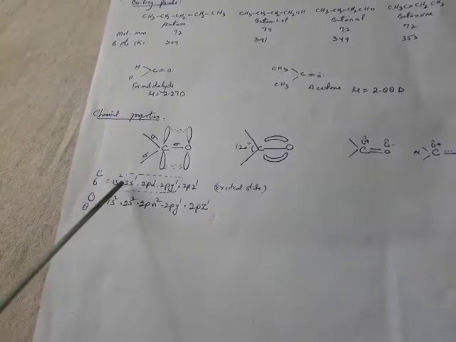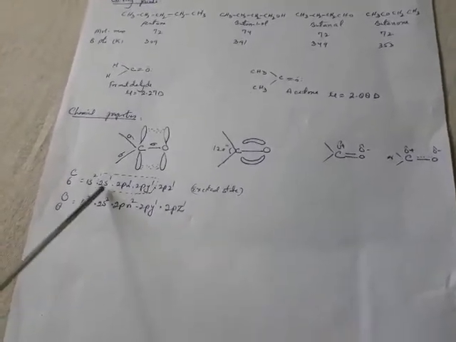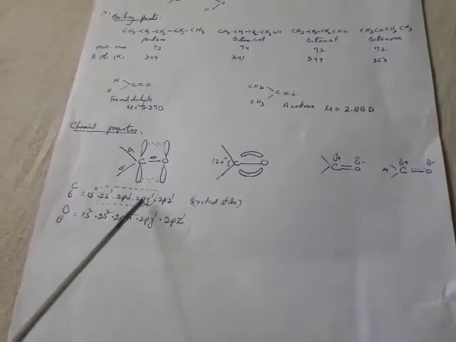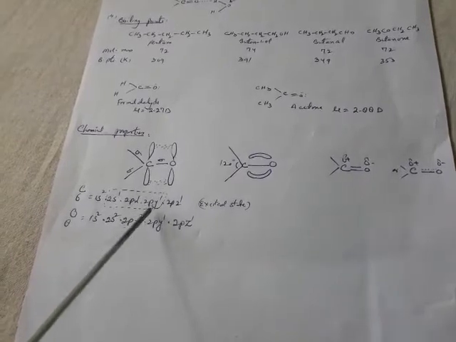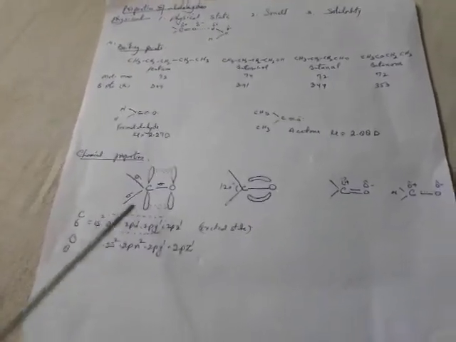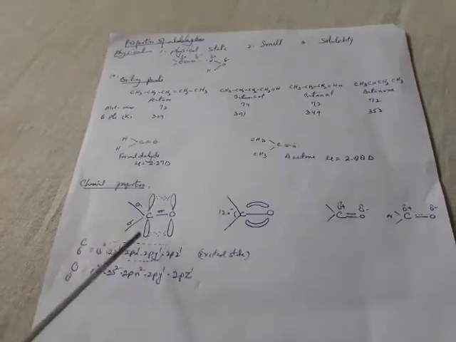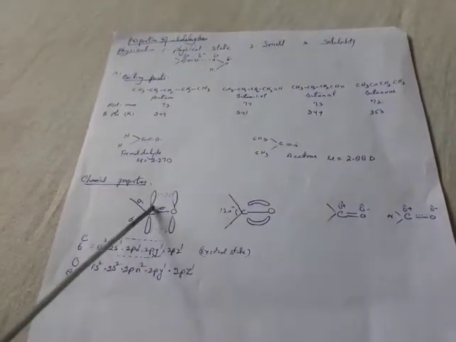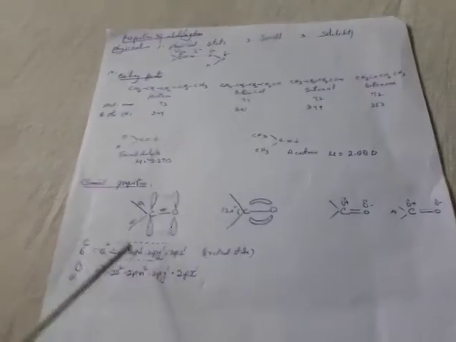So hybridization takes place between these three atomic orbitals, 2s, 2px and 2py, and we get a set of three sp2 hybrid orbitals which are directed in space towards the corners of a triangle at an angle of 120 degrees.